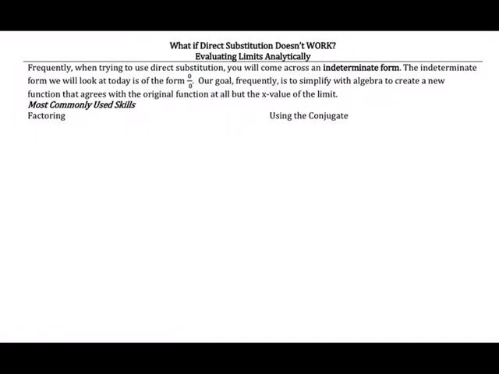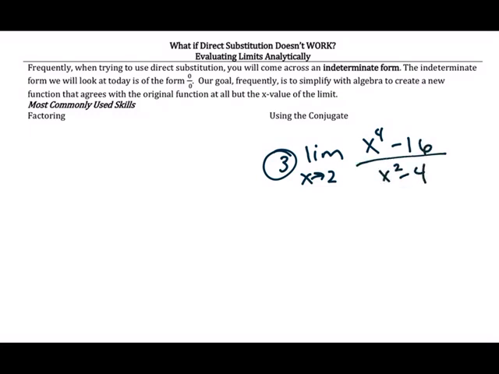So as we saw in our warm-up, and I'm going to actually rewrite that problem that was on that front page, number 3, the limit as x approaches 2 of x to the fourth minus 16 over x squared minus 4, sometimes we aren't able to do direct substitution because there's some sort of discontinuity.